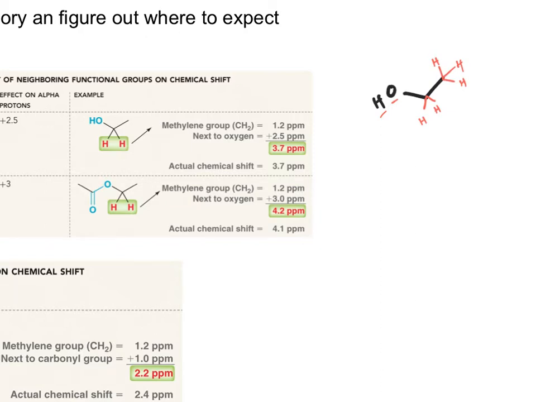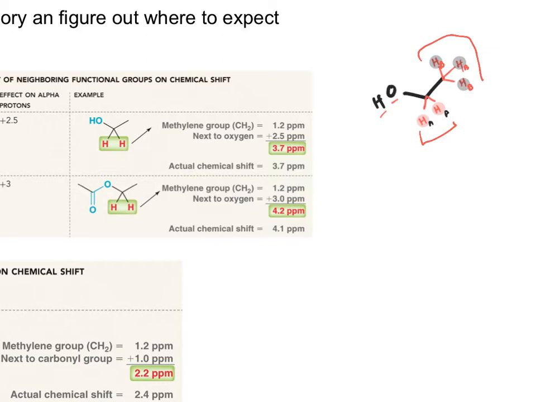So note that we'll have 2 signals that are part of this molecule. These guys are what we'll call HA. And then these guys out here, we can call these guys HB. So these guys are going to give rise to a signal, and these three will be a signal.